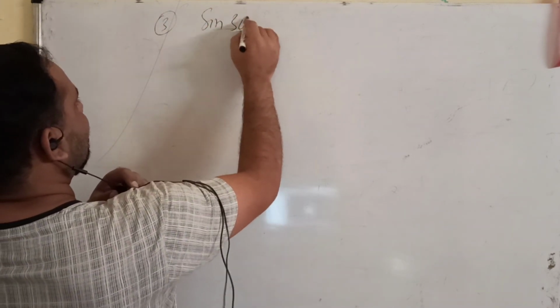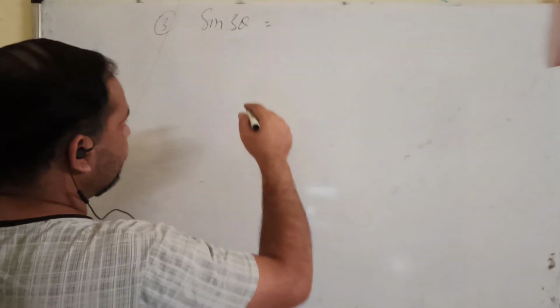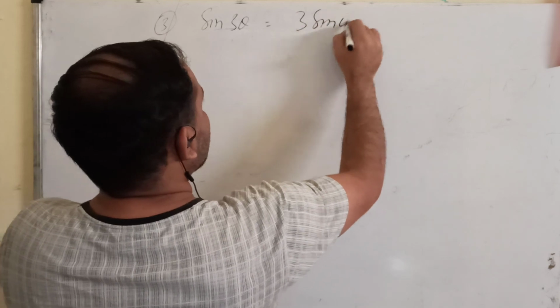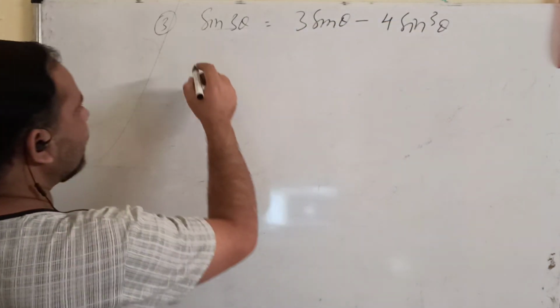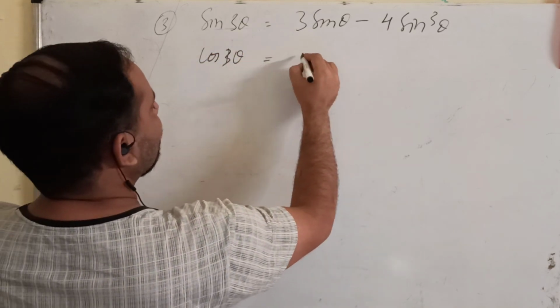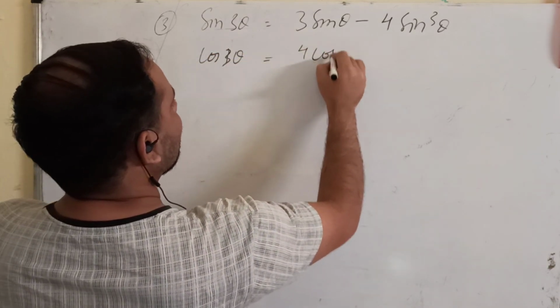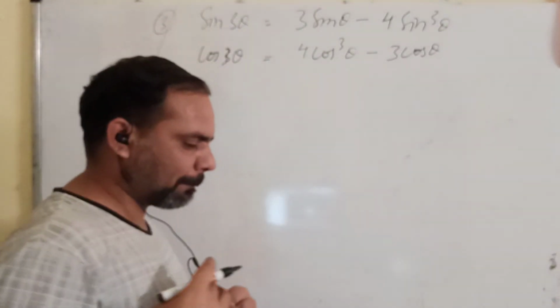The value of sin 3 theta is 3 sin theta minus 4 sin cube theta. Cos 3 theta is equal to 4 cos cube theta minus 3 cos theta.